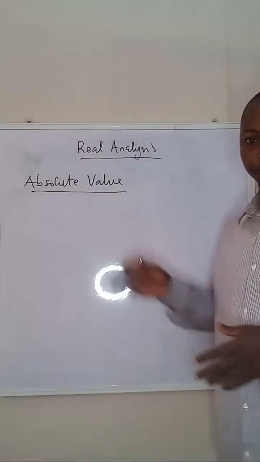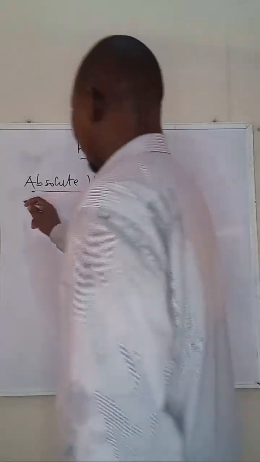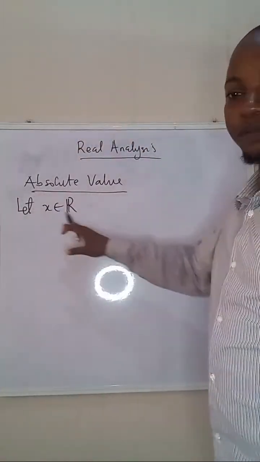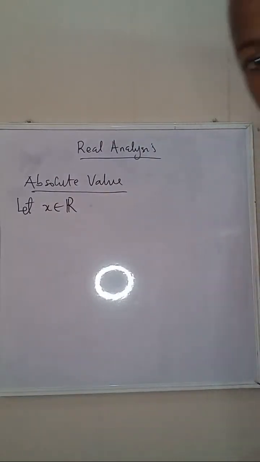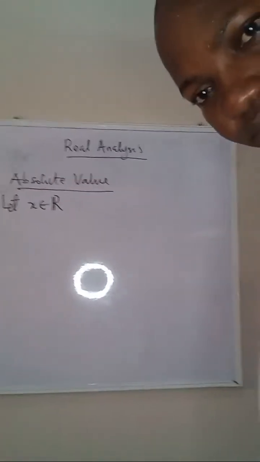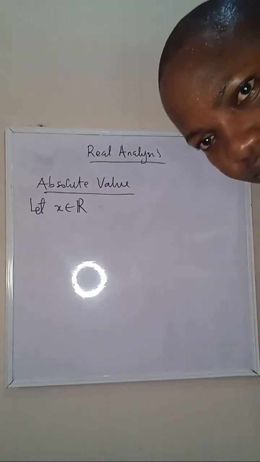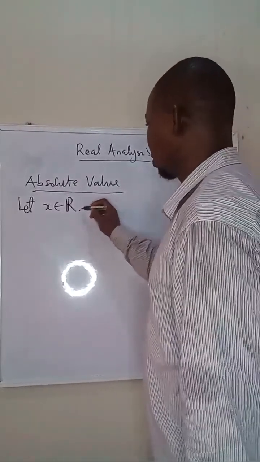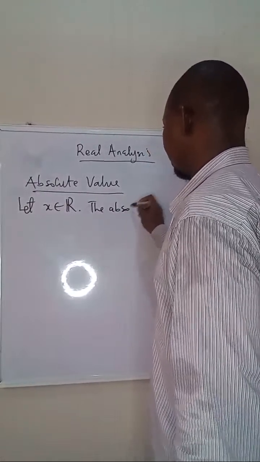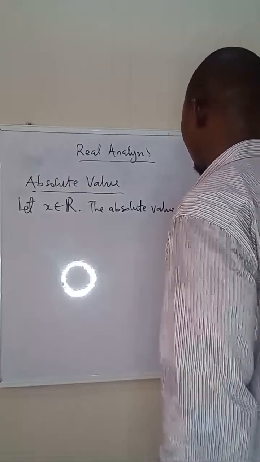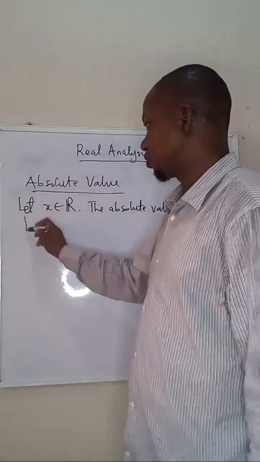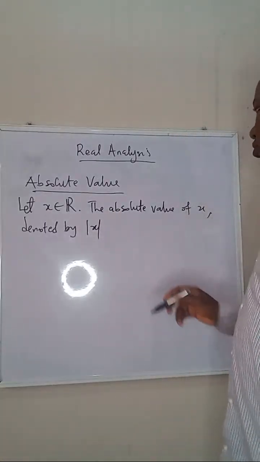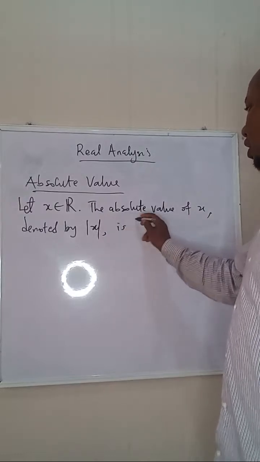So when we say absolute value, we are referring to this: let x be a real number, and the absolute value of x is denoted by this, and it's defined by this.